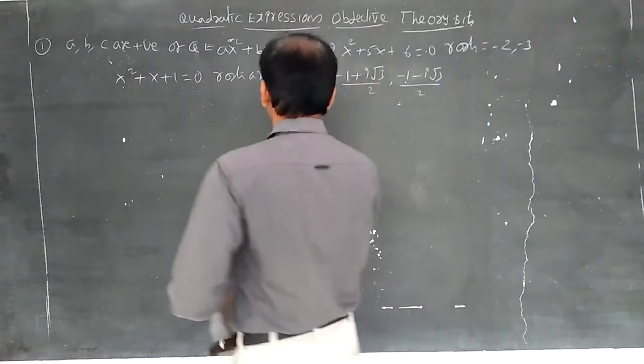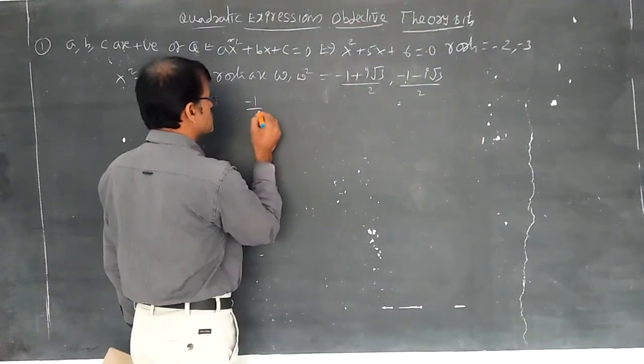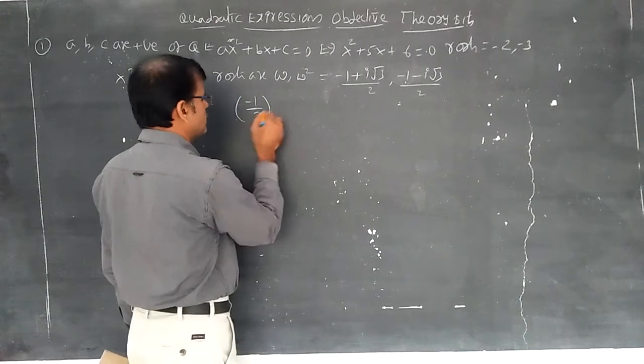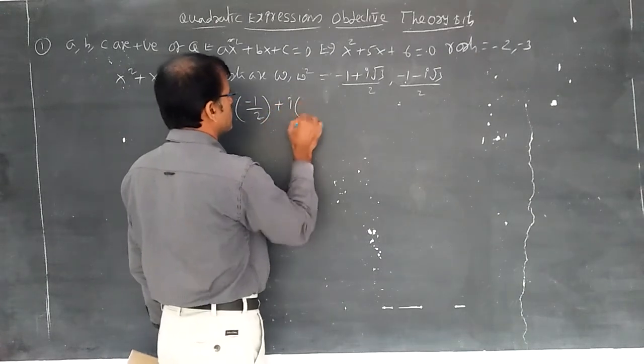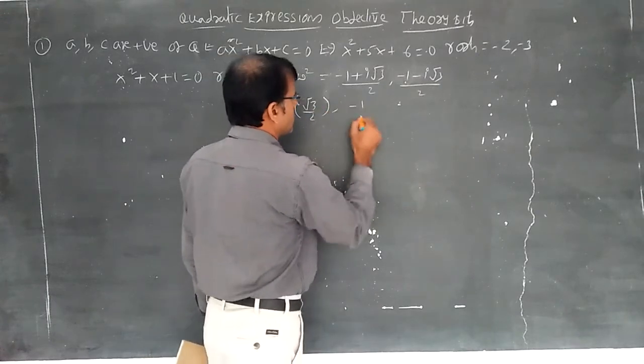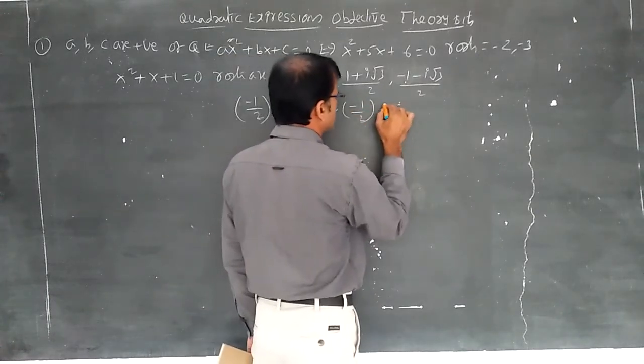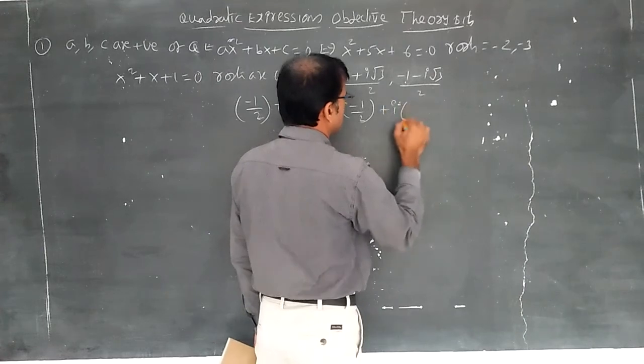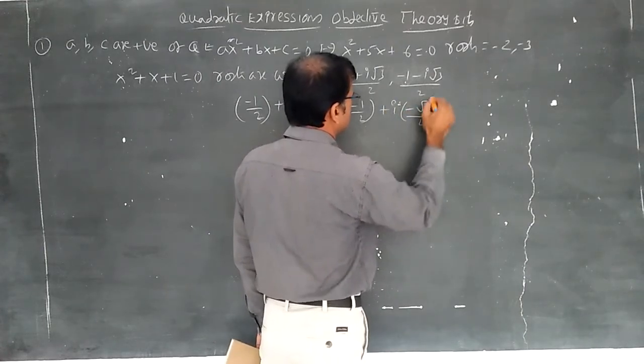Here you can write minus 1 by 2 plus I of root 3 by 2 comma minus 1 by 2 plus I into minus root 3 by 2.